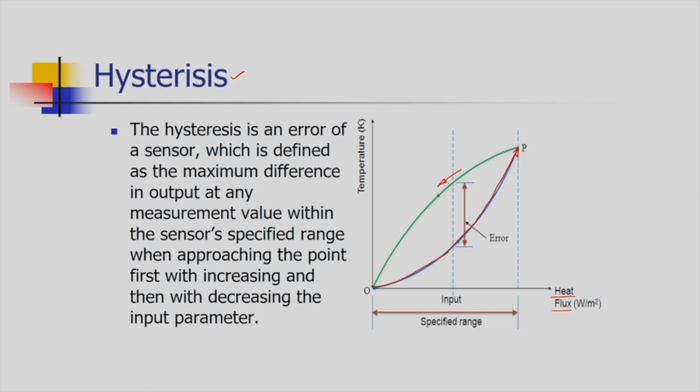So, that path is shown by the green color over here. So, this unusual behavior is called the hysteresis.